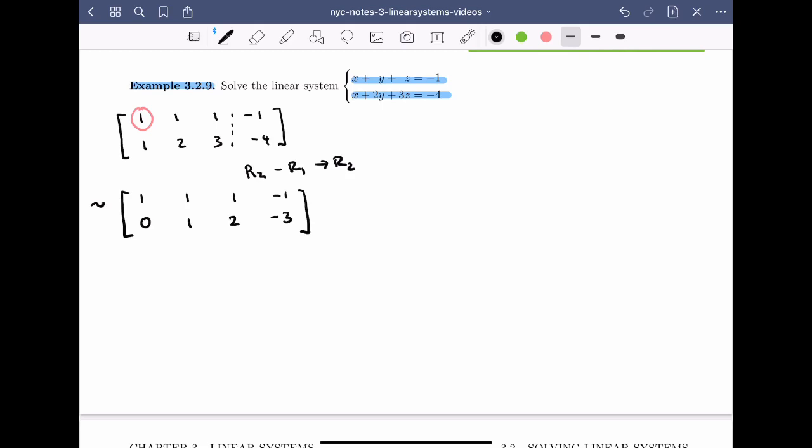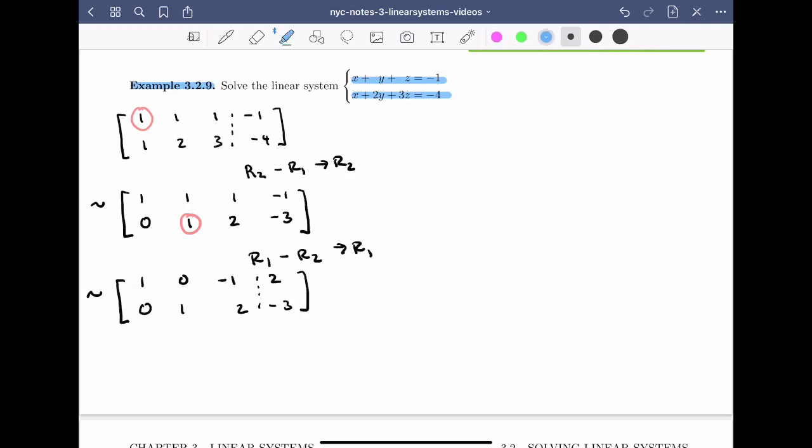I'll go for reduced row echelon form by using the leading entry in the second row to clear above it. With the elementary row operation, row 1 minus row 2 becomes the new row 1. Here, I have 1, 0, minus 1, 2, and 0, 1, 2, minus 3.